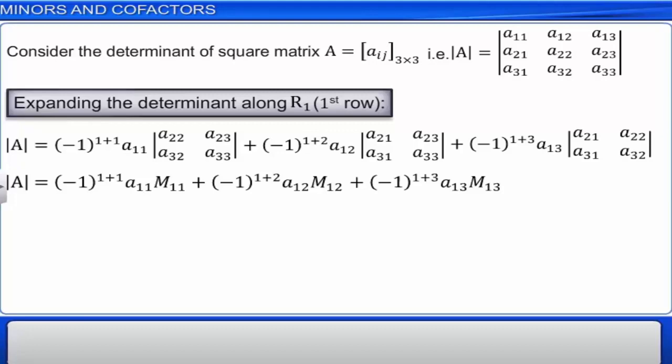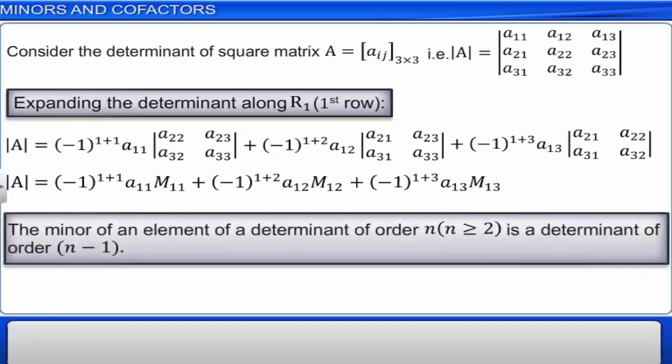Also, it is clear that the minor of any element of determinant A is a determinant of order 2. This leads us to the result that the order of the minor of an element of a determinant is 1 less than the order of the determinant.